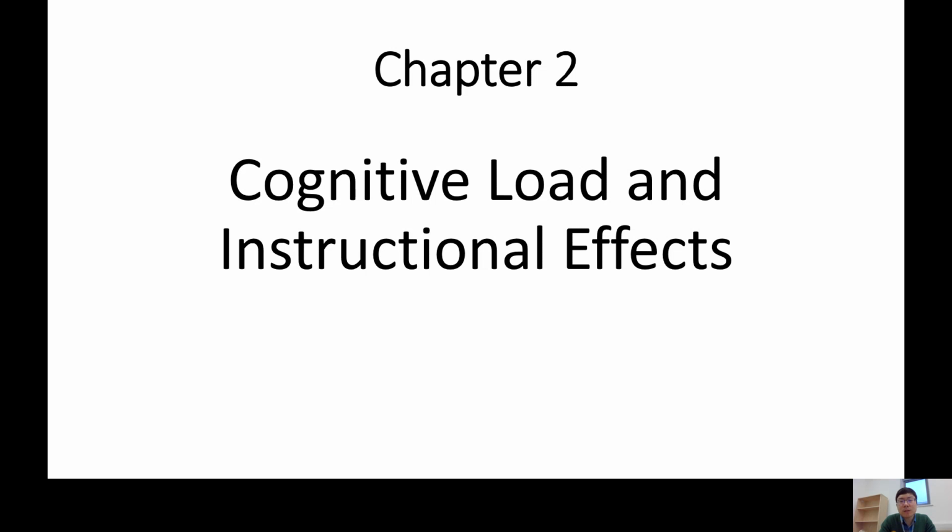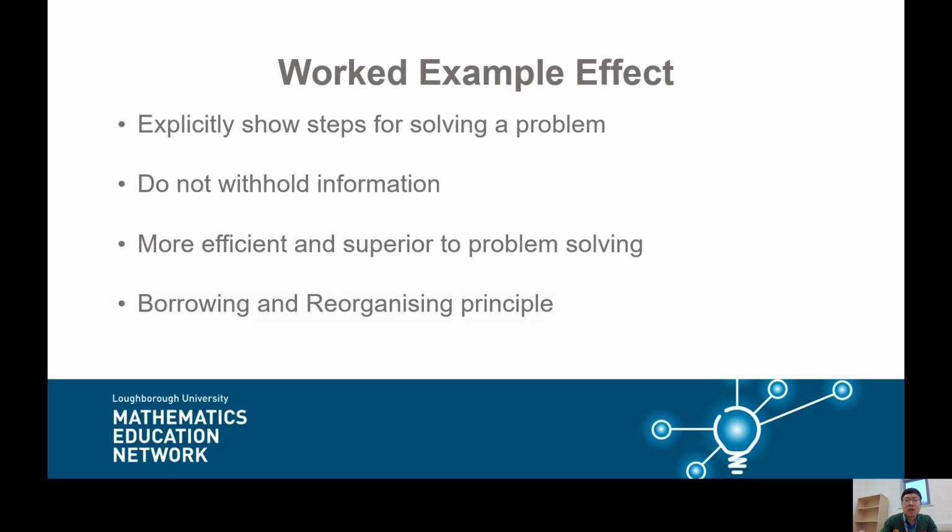And to end chapter 2, I'm going to introduce some new directions under the cognitive load theory framework. So the first effect I would like to introduce is the worked example effect. This effect is very famous and classic in cognitive load theory. I would say this is the core effect in cognitive load theory.